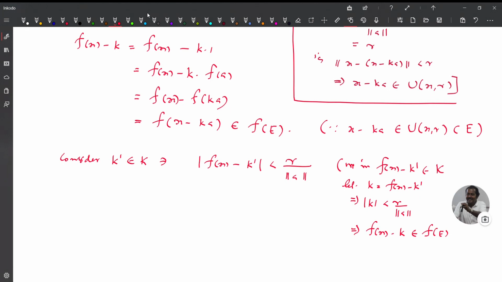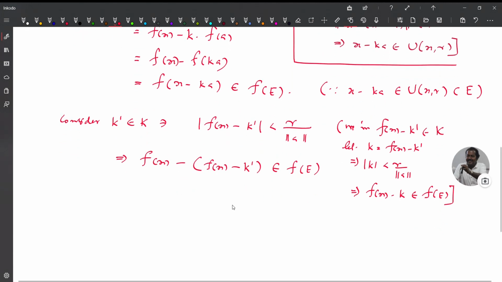So this implies f(x) minus k is f(x) minus (f(x) minus k dash), that is k dash, belongs to f(E). So this implies k dash belongs to f(E).